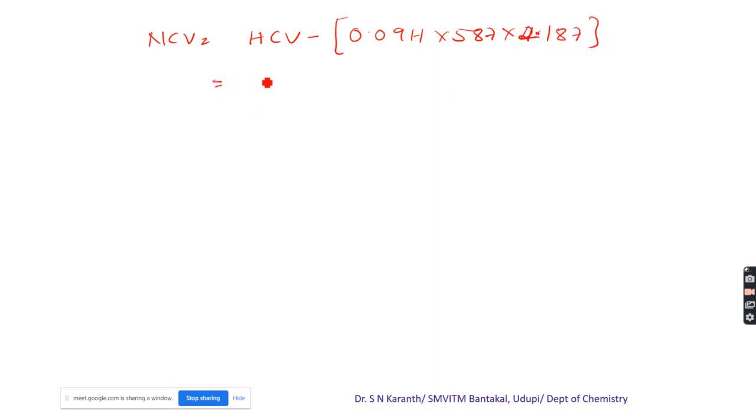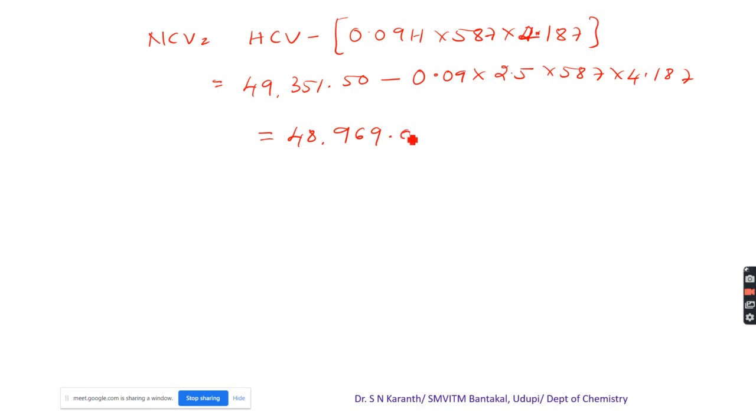So this is 49,351.50 minus 0.09 into 2.5 into 587 into 4.187, that becomes 48,798.68 kilojoule per kg. This is the final answer.